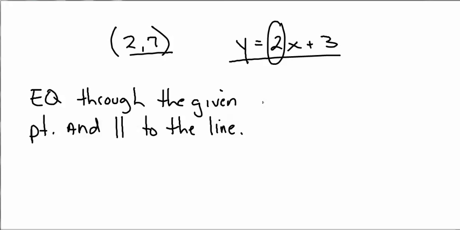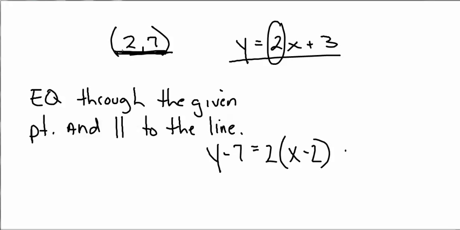So you can use point slope form. Y minus 7 equals 2 times x minus 2. The two lines are parallel. And since you wrote it in point slope form, it goes through this point. Okay?